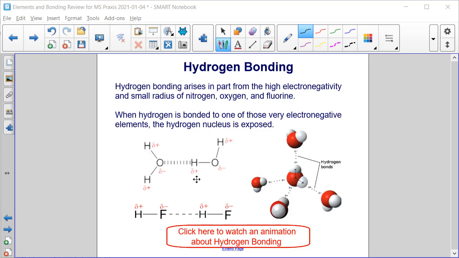Okay, so this is really positive, and this is really negative, without being a completely plus or minus charge. So we get a really strong electrostatic attraction holding those molecules together. As I've said before, if you're watching on the PDF or you have access to the PDF, you can click this link to watch an animation about hydrogen bonding.